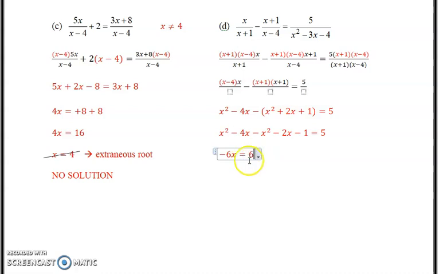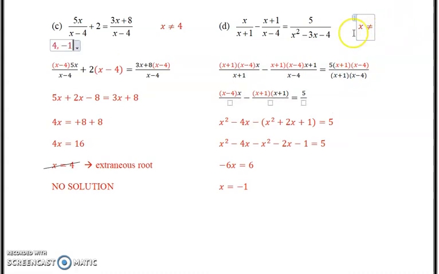So we add 1 to both sides, and we end up with dividing by negative 6. So we end up with 6 divided by negative 6, which is negative 1. And again, this is not going to work because if you do take a look up top and you find those numbers that don't work, 4 doesn't work, and negative 1 also doesn't work.